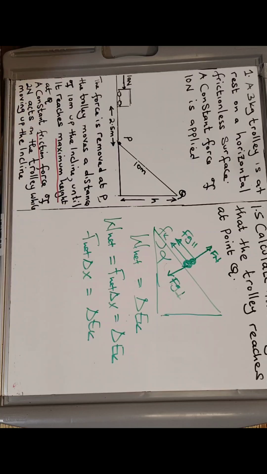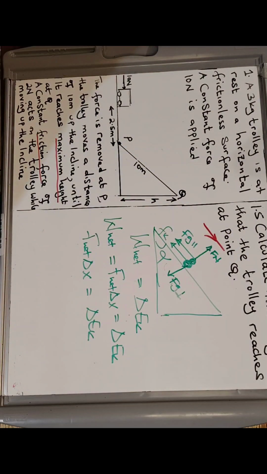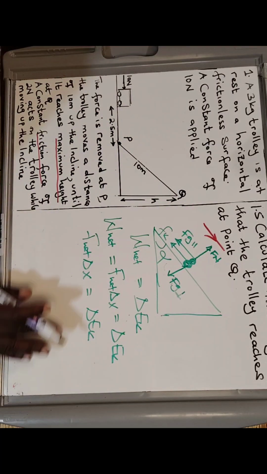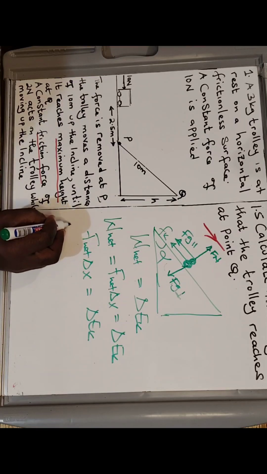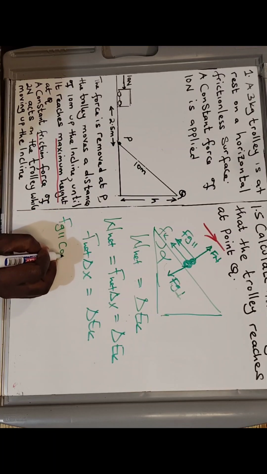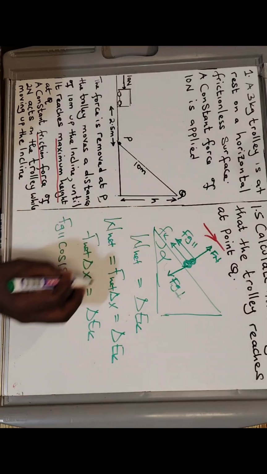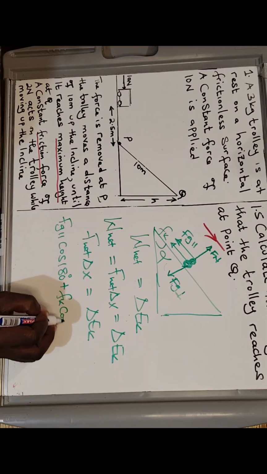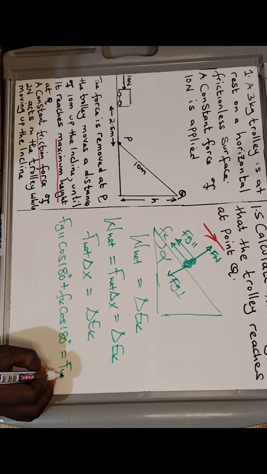It is very important to notice that the body is going upwards. If the body is going upwards, then when you add these two forces, this is what you are going to get for our F net: F net is Fg parallel cos 180 degrees plus Fk cos 180 degrees.